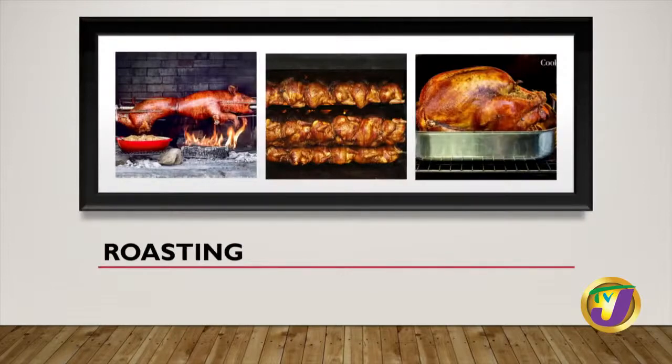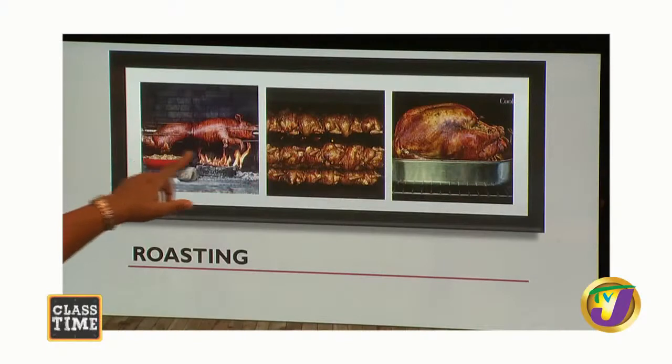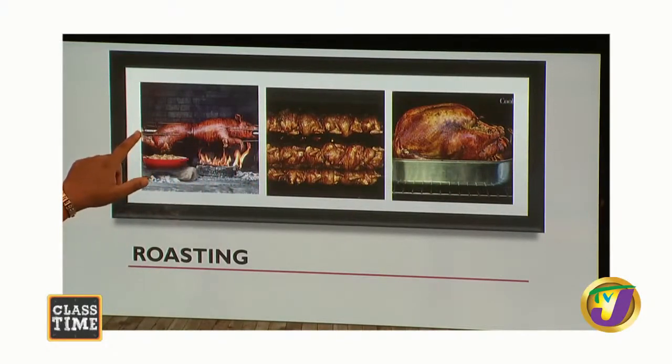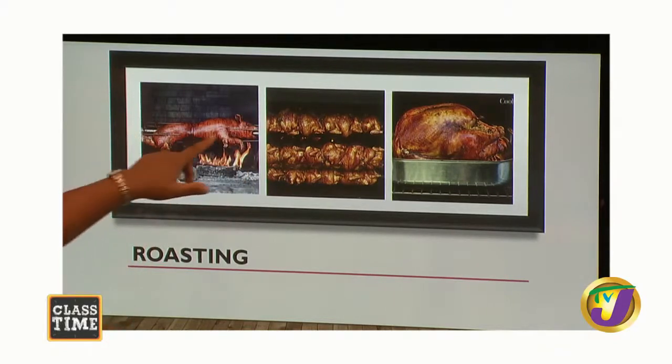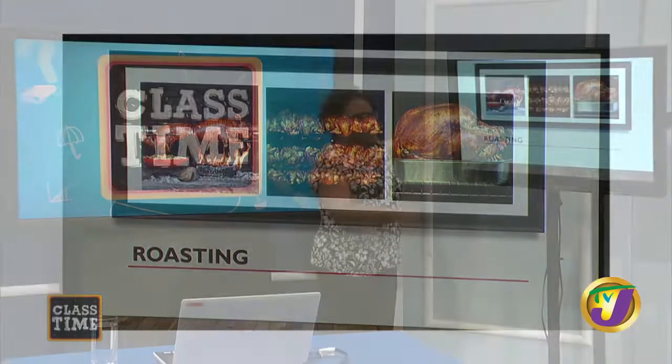So my diagrams that I have here, the one to my left where you see the whole pig, this is what was traditionally done for roasting. And the spit is that long iron bar that starts at the mouth to the end of the pig. And what happens is that it's actually a mechanical structure.